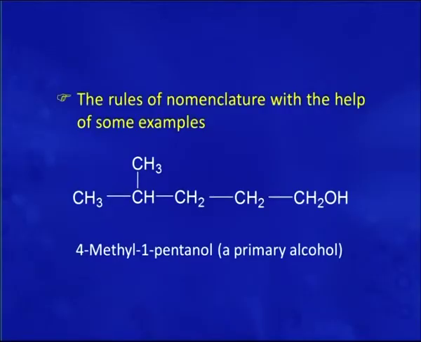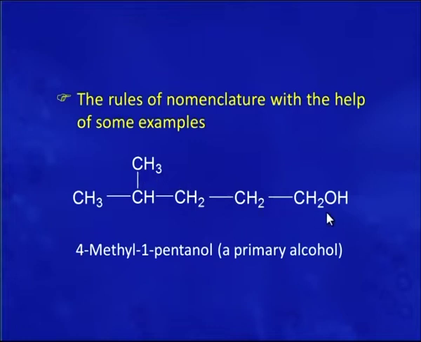Here is a compound in which we can number the molecule either from the side of the carbon having the hydroxy group or from this side or from that side. If we start from here, then the hydroxy group will take position 5, and similarly if we start from here, then also it is going to be position 5.